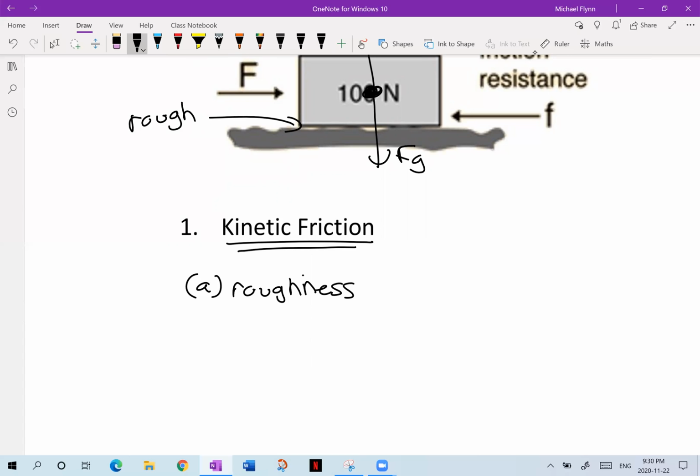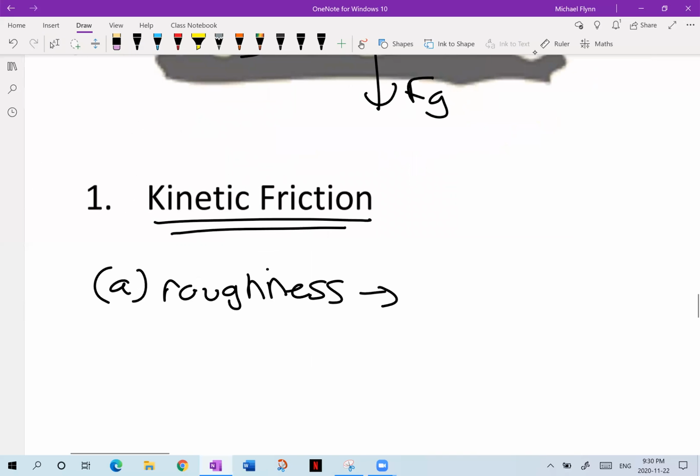So we're going to call this thing that determines the property of roughness the coefficient of friction. I'm going to say mu k is the coefficient of kinetic friction.